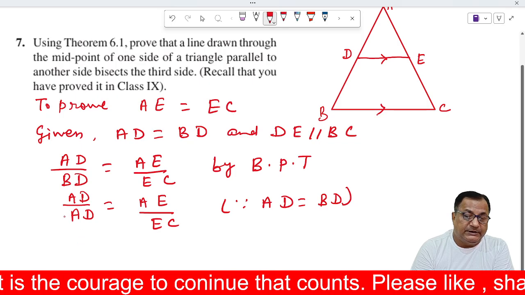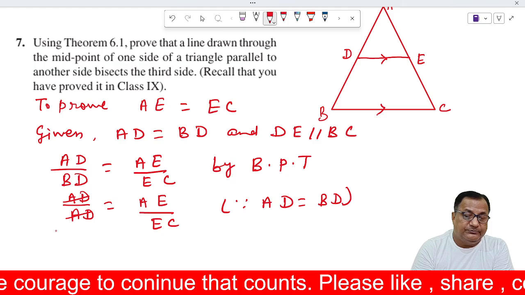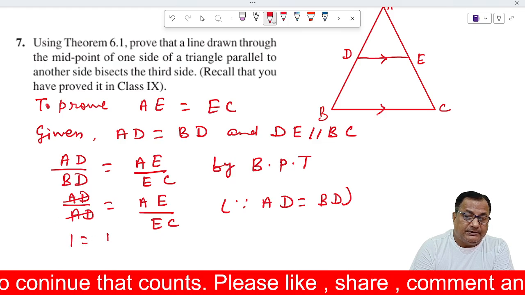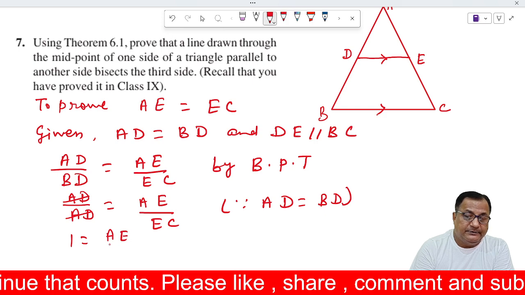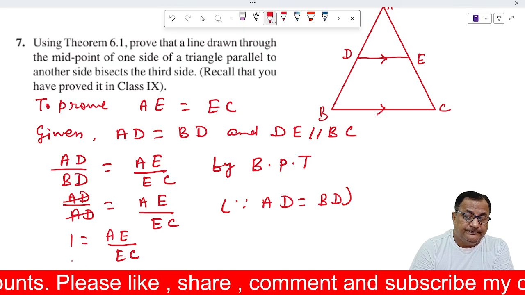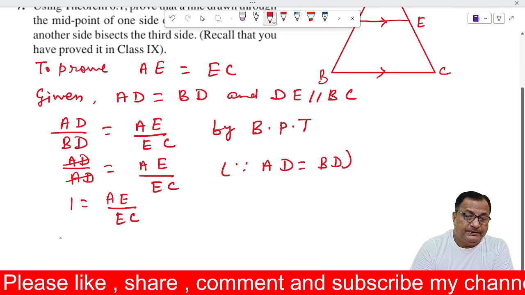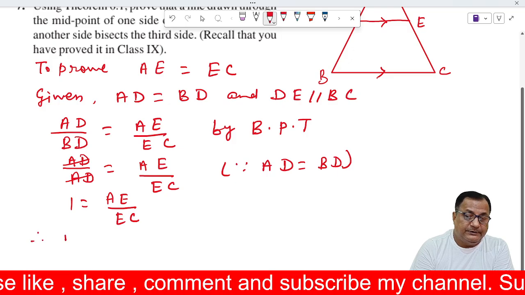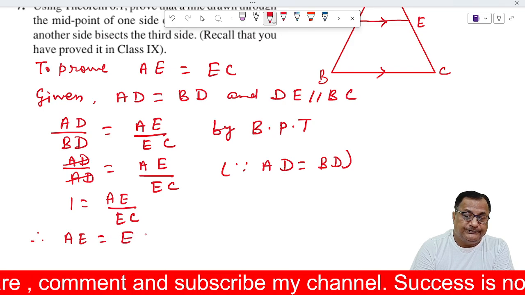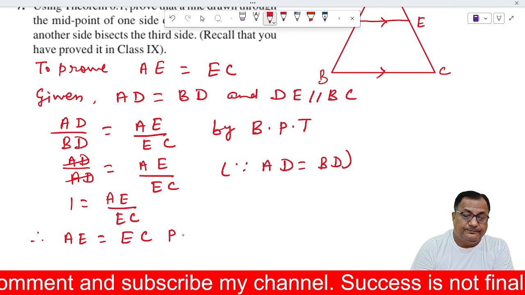So this will be cut and this is 1. So 1 is equal to AE by EC. Therefore, AE is equal to EC. Good.